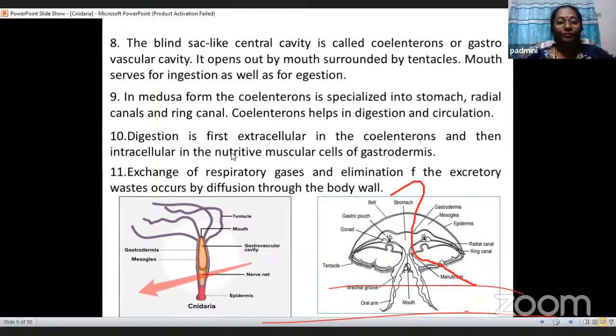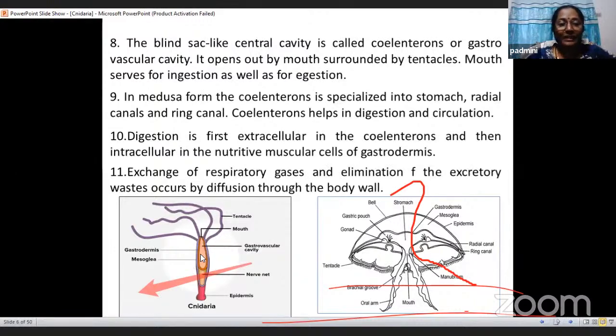Okay, so digestion. The stomach helps the coelenteron. Now you know what a coelenteron is: a hollow structure that helps in digestion and circulation. The digestion is first extracellular in the coelenteron, and then intracellular by the nutritive muscular cells of the gastrodermis.